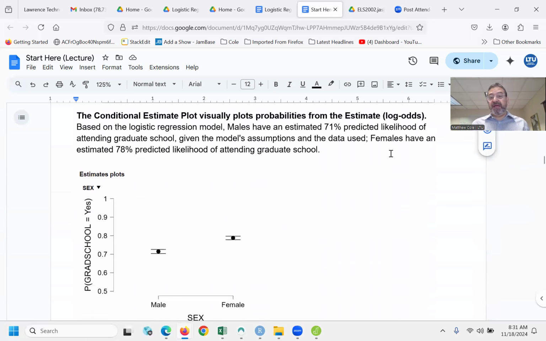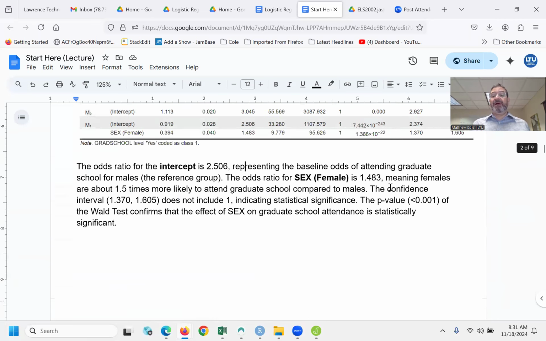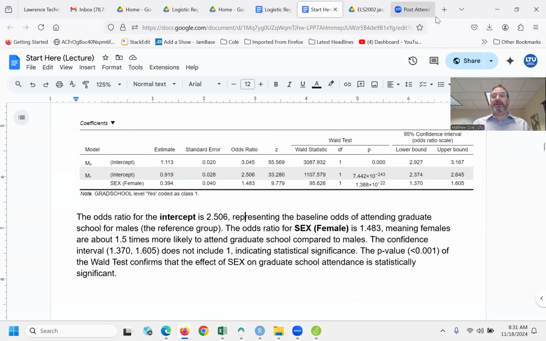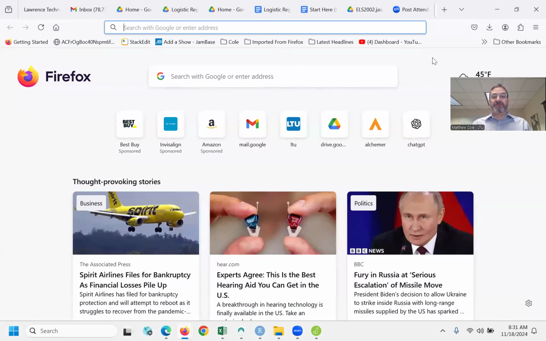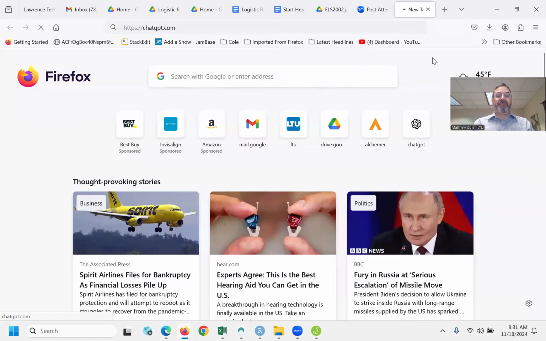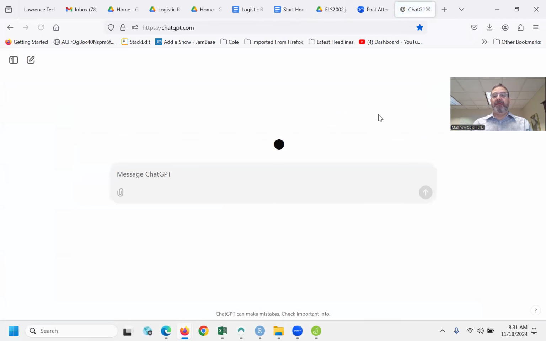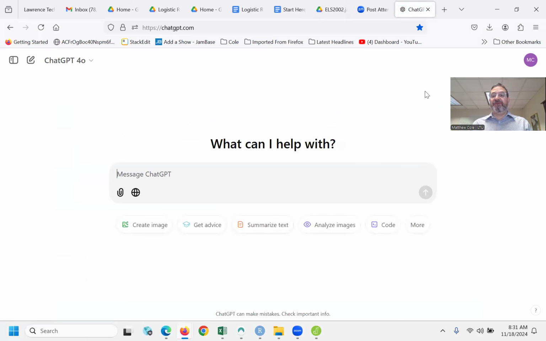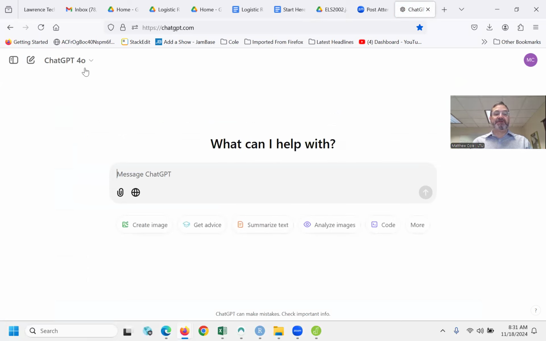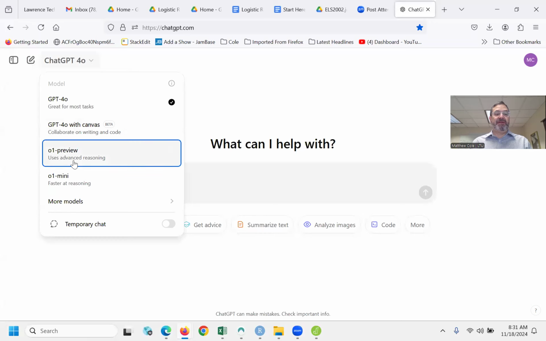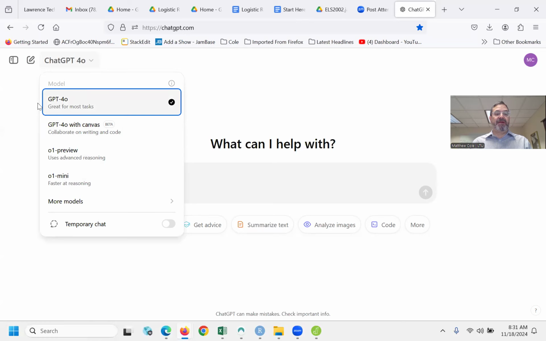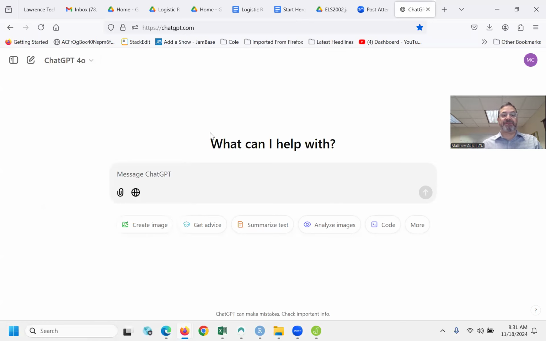So we don't have to calculate it, but like I said, if you really wanted the exact numbers, you could go to ChatGPT, and I think even the free one does this. So the free one is mini. I don't have it here because I'm in my logged in version.